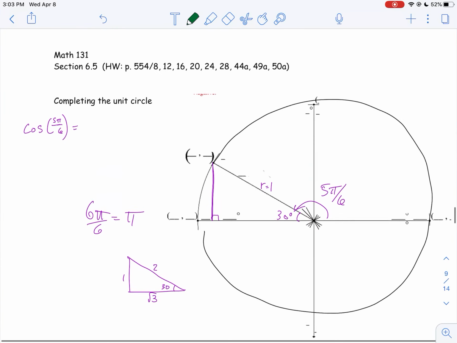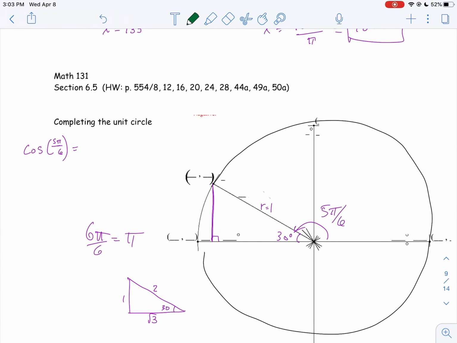So how do we do that? Let's actually draw this more, at least closer to scale. So instead of my radius being 1 here, what happens if I make this 2? I'm just going to eyeball it.